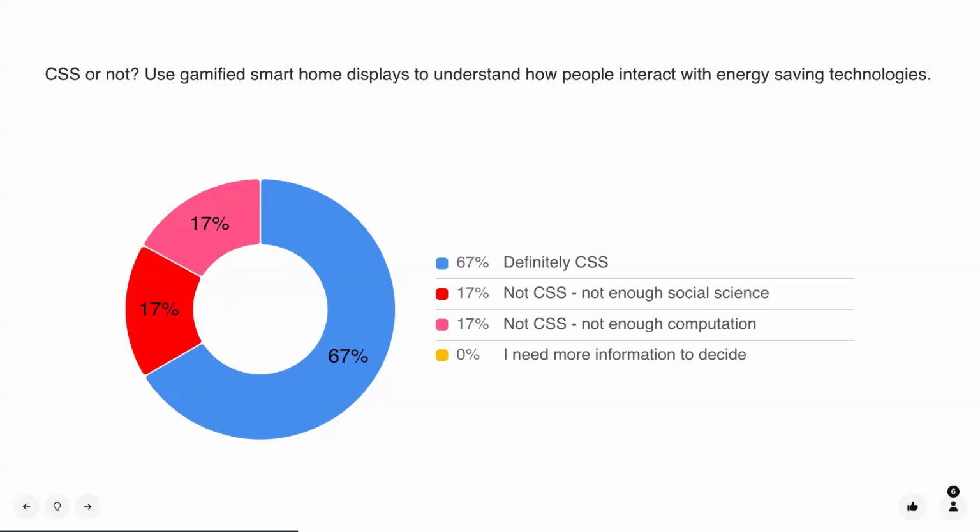Some are saying that there's not enough computation, which is quite interesting. Let me just wait a bit, because sometimes it's hard to talk about things as the results are coming through. I'll let it settle a minute.